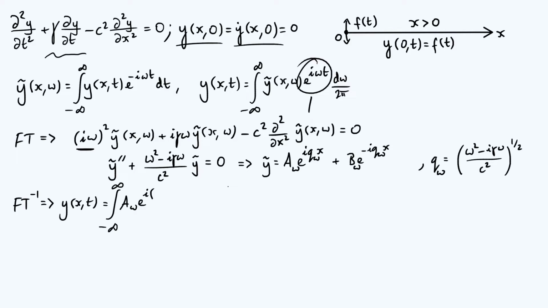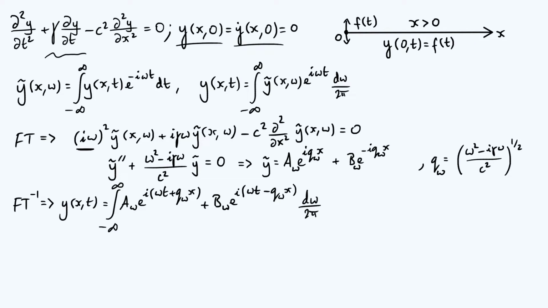So you can combine those exponentials together and get e to the i times omega t plus q subscript omega times x. Now, the b term is very similar, with one difference. The i omega t part is still positive, so I can write it as i times omega t, but now the spatial part, the x part, has a minus sign, so minus q omega times x. That's all integrated with respect to omega and divided by 2 pi.